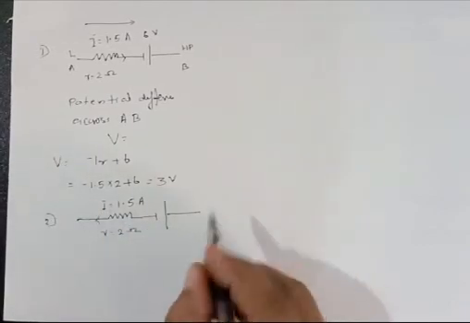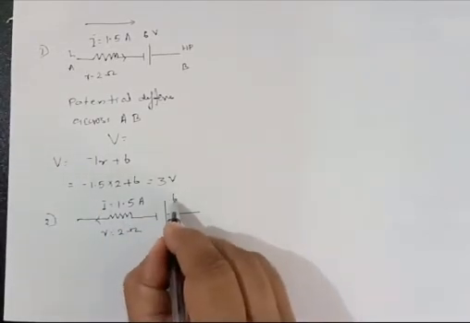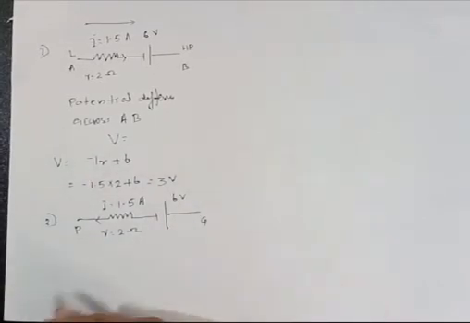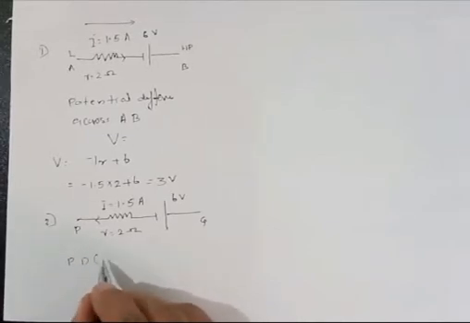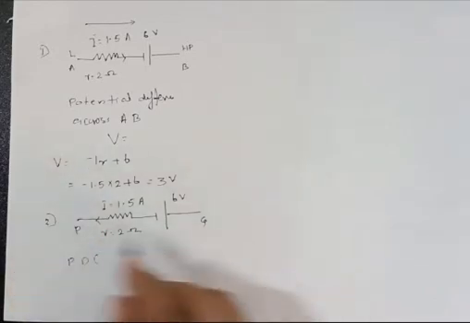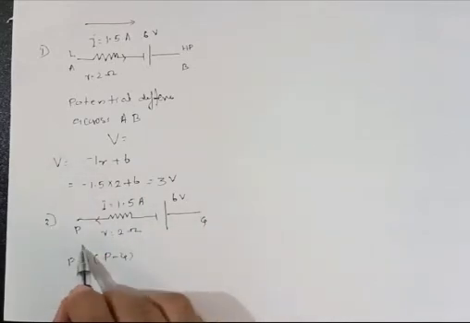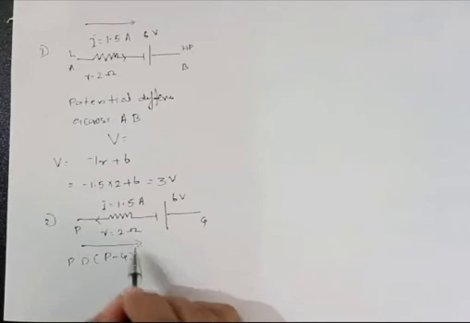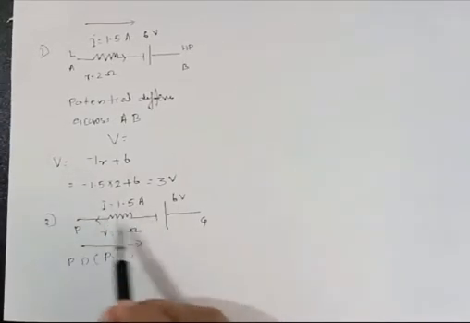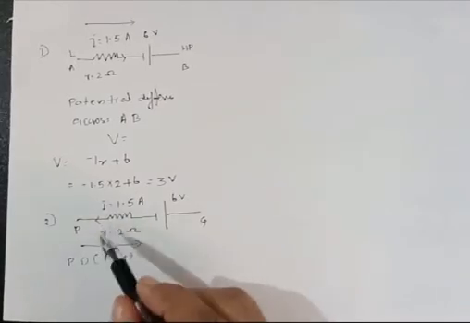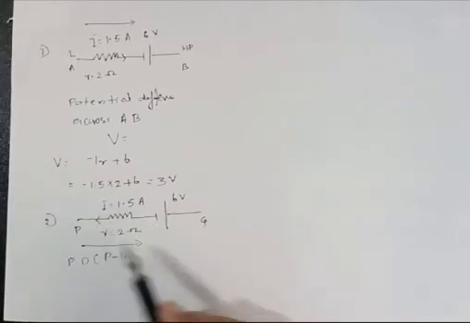This is the current, and this is again 6 volt, and let's take this point as P and this as Q. So potential difference across PQ, again you take it from P to Q. So again we take the potential measurements in the same direction. Since across the resistor, the potential difference will turn positive. Why? Because we are taking it opposite to the direction of the current.